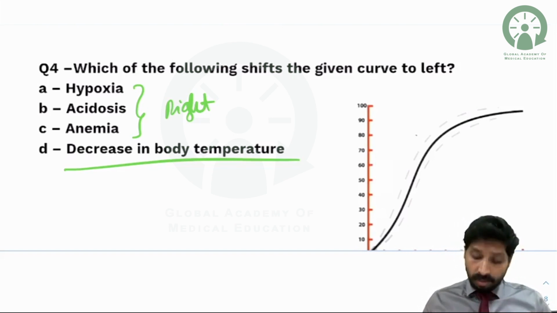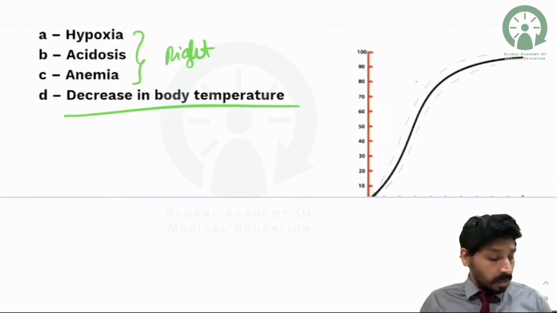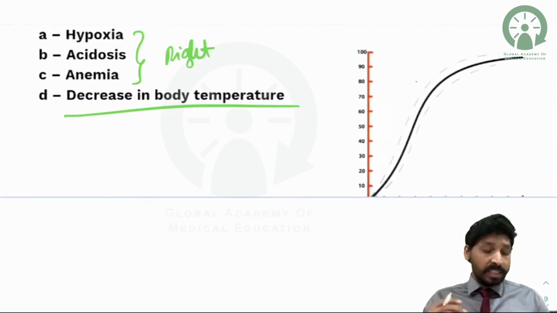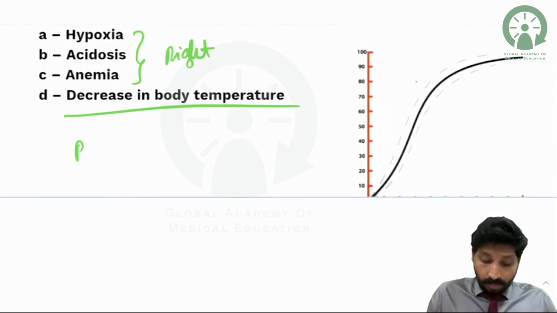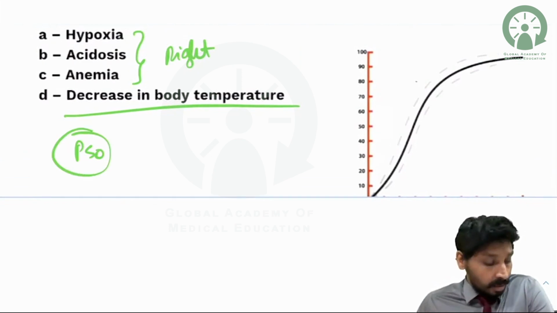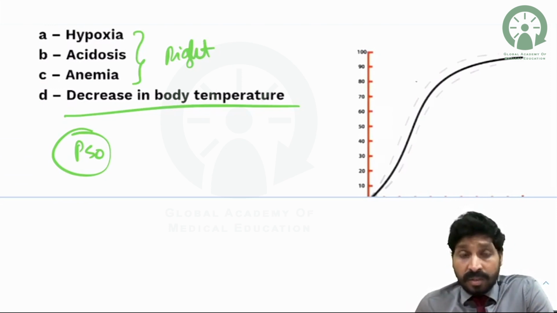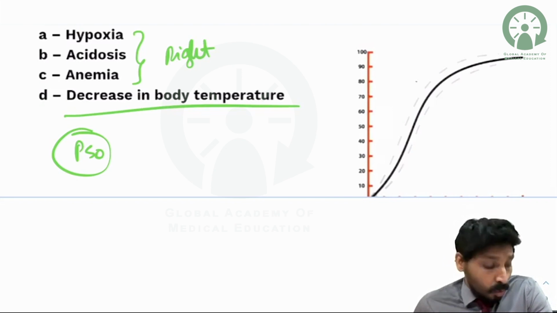So here, before knowing the mechanism of this, you should know what is P50. P50 is nothing but the partial pressure of oxygen at which 50% of the hemoglobin is saturated with O2.